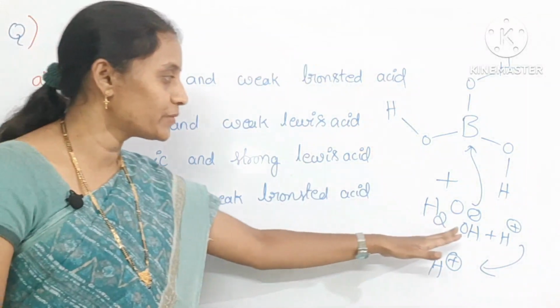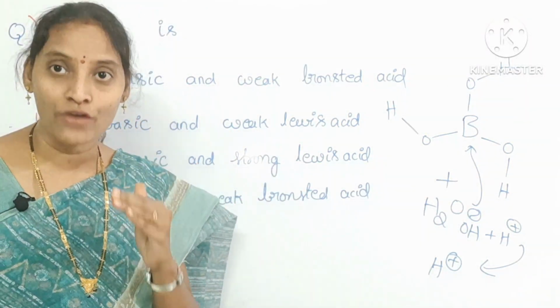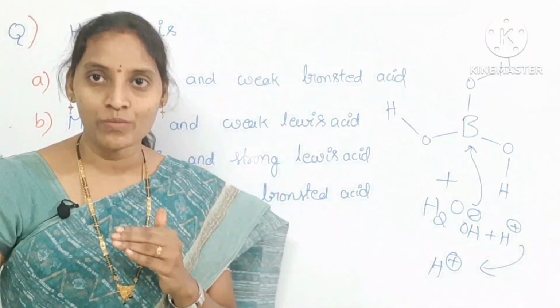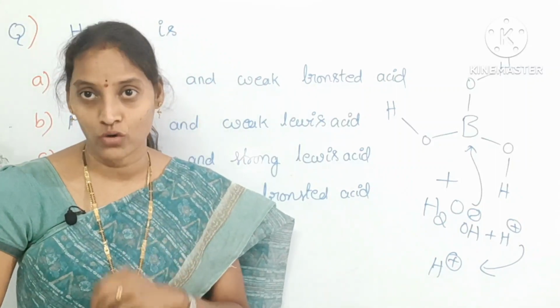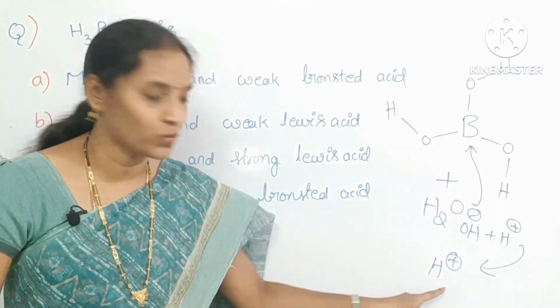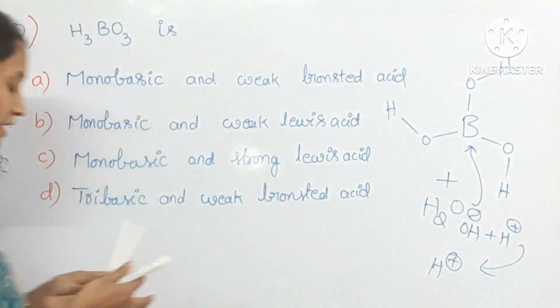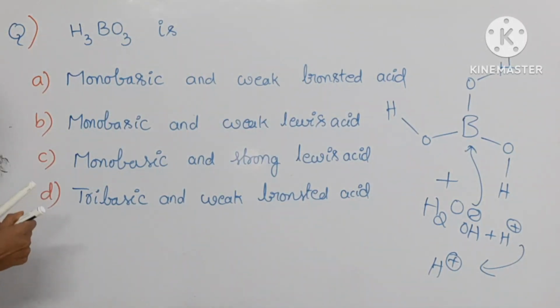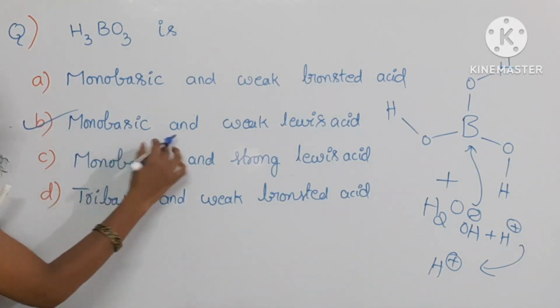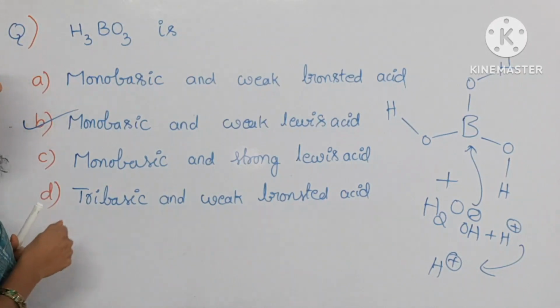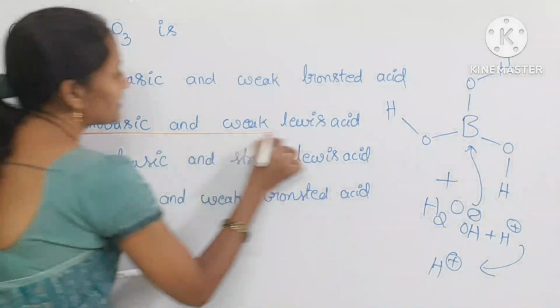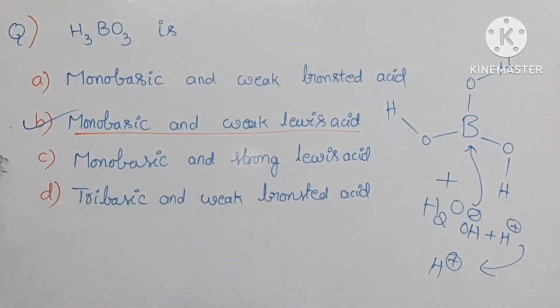Why monobasic? Because it can accept a lone pair of electrons from OH minus ion. If it reacts with water, then it will release one H plus ion, so you can take the second option here. Second option, it is monobasic and weak Lewis acid. This is the answer for this question.